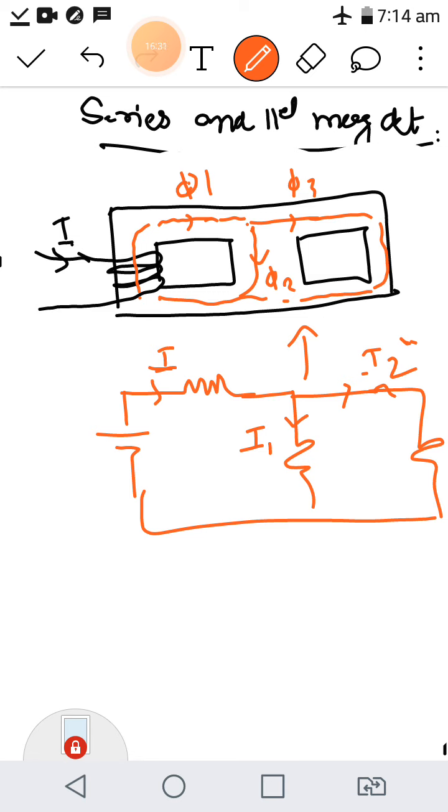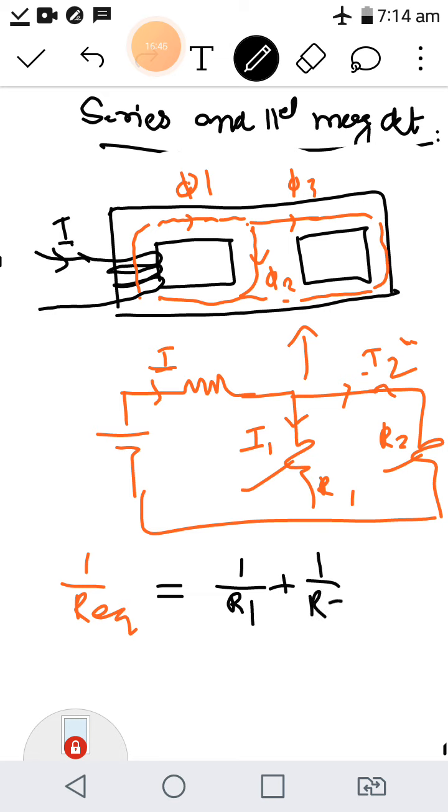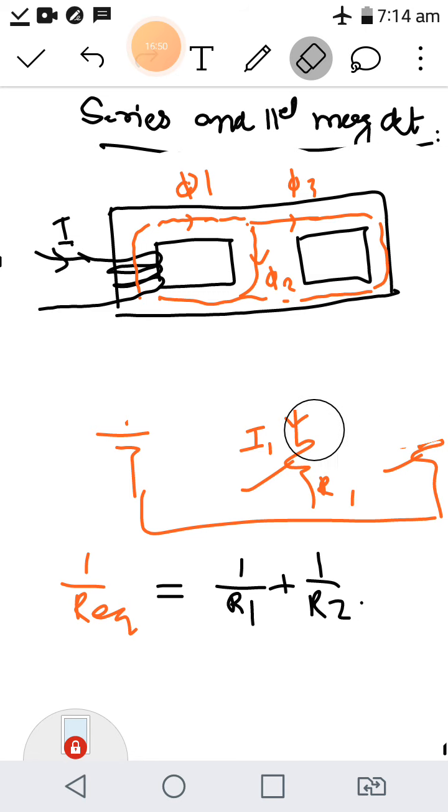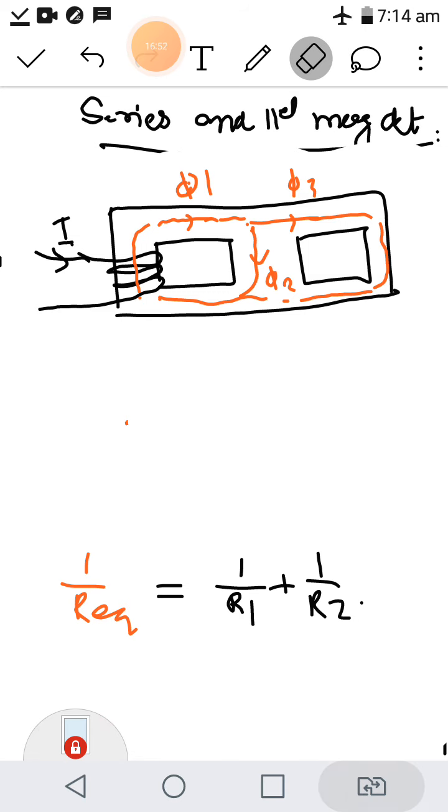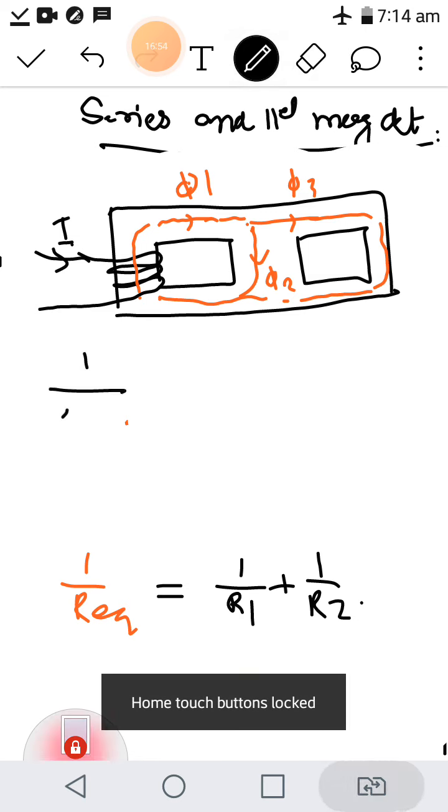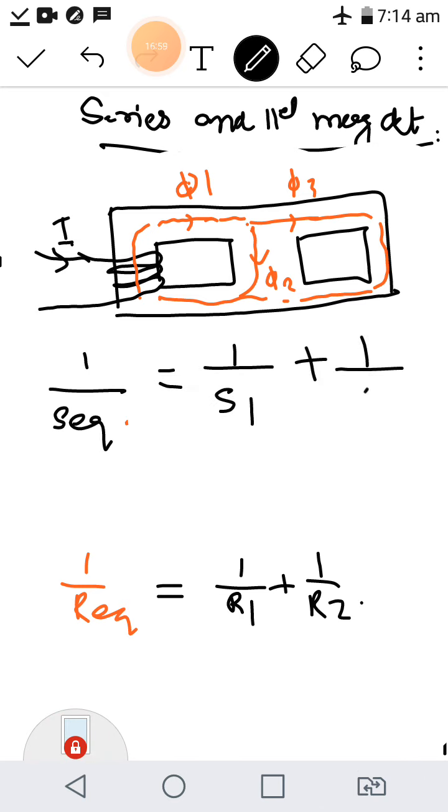In the case of a parallel electrical circuit, how do we calculate the equivalent resistance? If R1 and R2 are connected in parallel, how will you calculate the total resistance? 1 by R1 plus 1 by R2. Similarly, in the case of a parallel magnetic circuit, the total reluctance is given by 1 by S equivalent equals 1 by S1 plus 1 by S2.